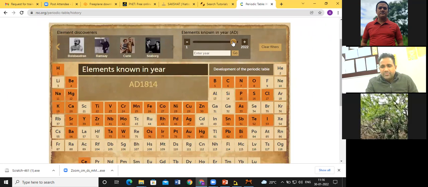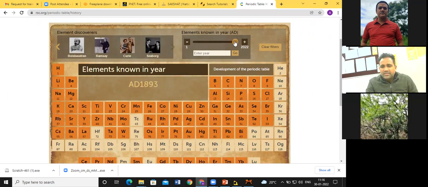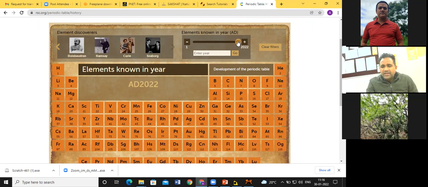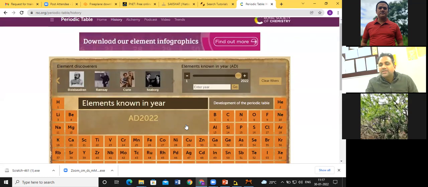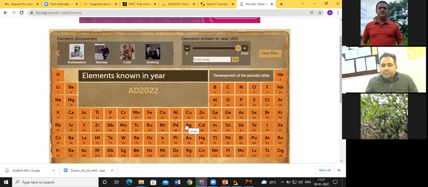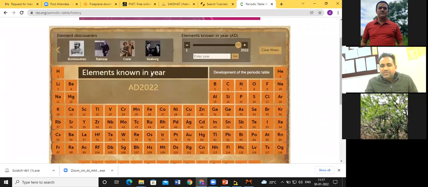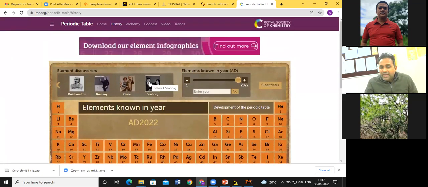Then up to this one, they were discovered in 1970, 80, 2005. Then into 2022, in total 118 elements are discovered. So they create interest among the students. That is how you can go through the different elements. So it gives the different history of this one.